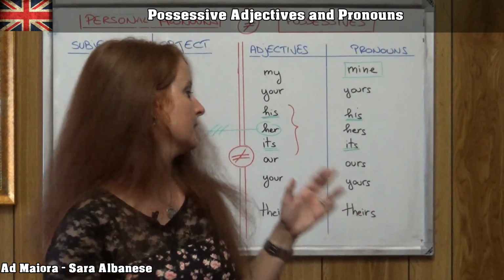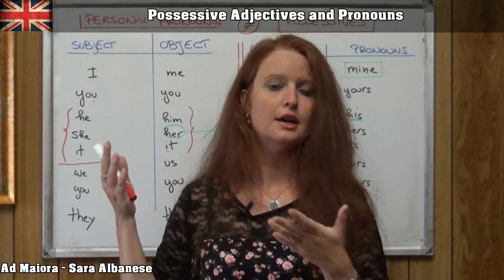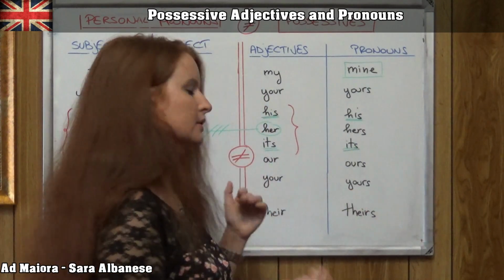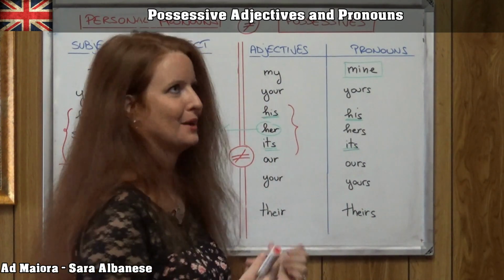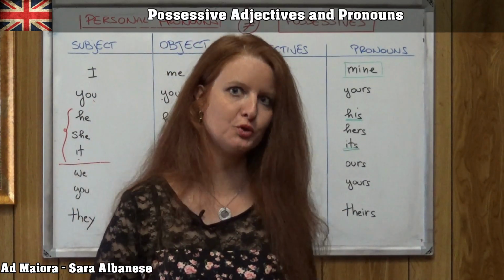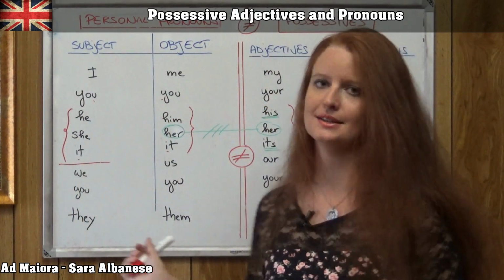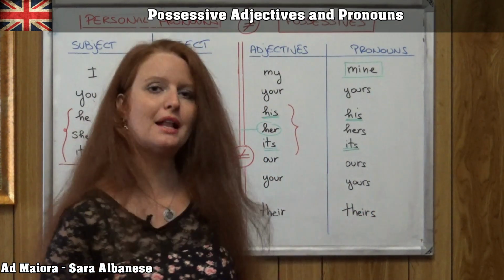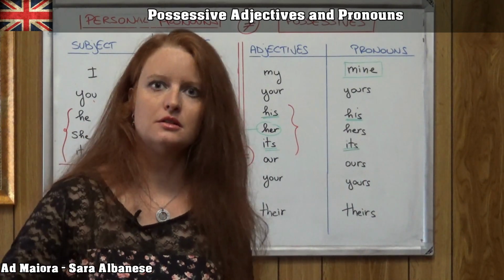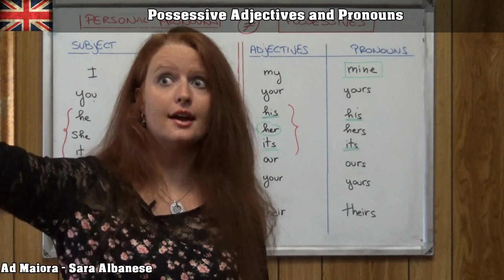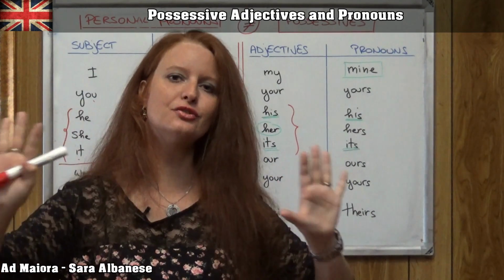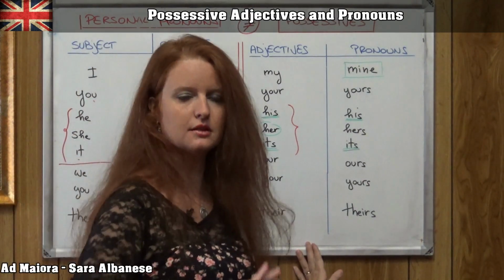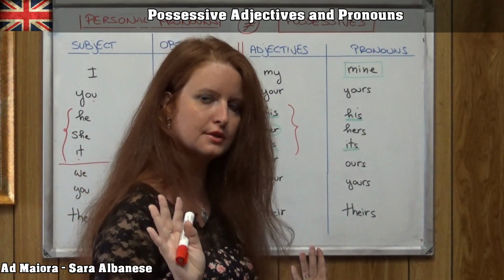Our means something that belongs to us, your something that belongs to you, and their something that belongs to them. Also in this case, pay attention: them and their are completely different things. We also underlined the difference between the spelling of their and they're, there, over there. Their is the possessive adjective; the others are different things, so pay attention to the spelling.